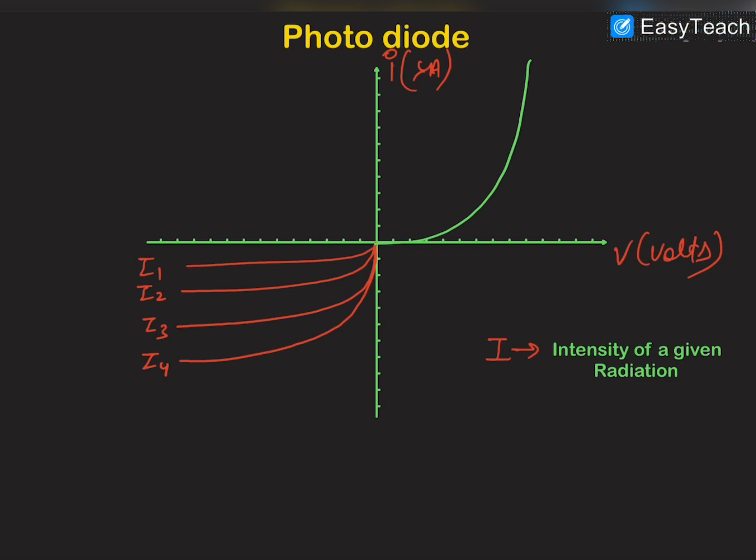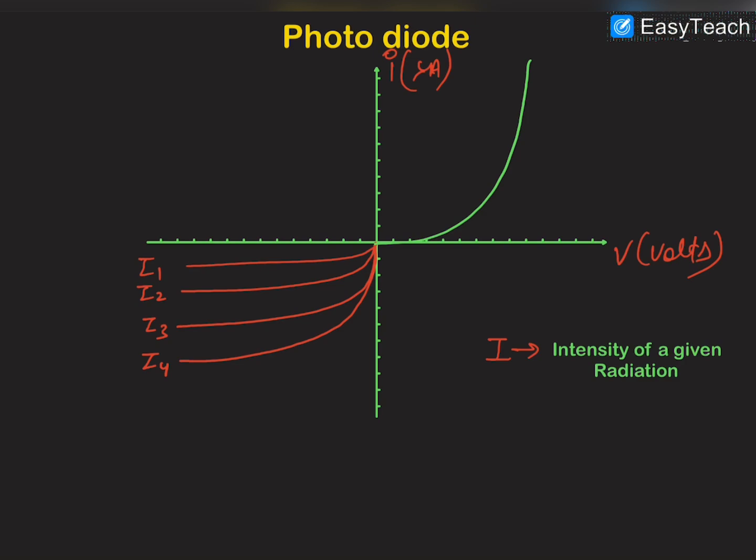But the current is changing due to these two factors, so the amount of change in current which is only due to the intensity of light could not be distinguished in forward biasing. Therefore, we do not prefer to use the photodiode in forward biasing.